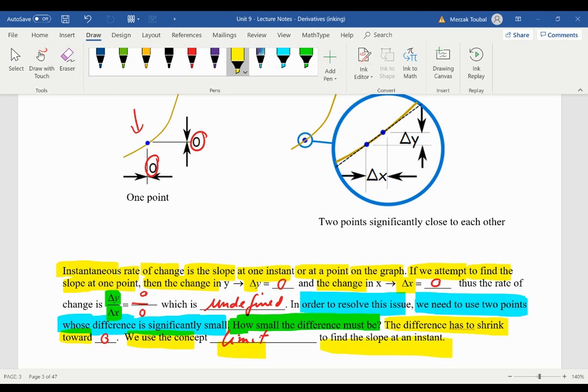It means the limit as these 2 points or 1 point approaches the other point, or the limit as the distance from one point to the other point is 0. So we want these 2 points very close. So we want the distance between these 2 points approaches 0. So the limit as the distance approaches 0 between these 2 points. That's the idea.